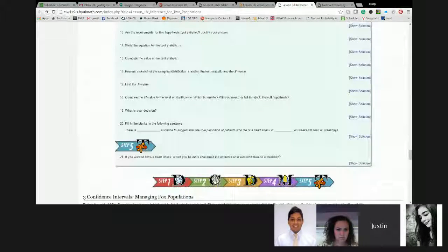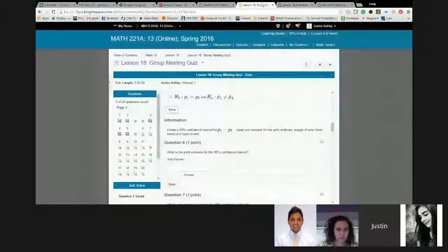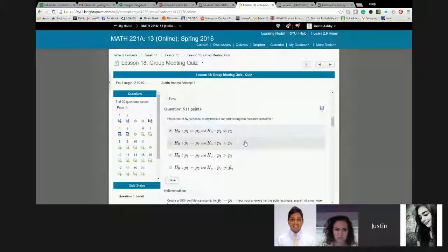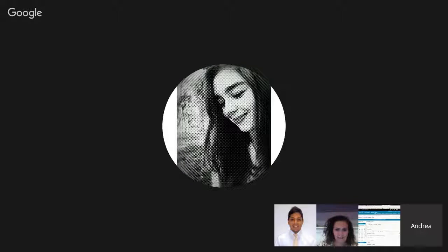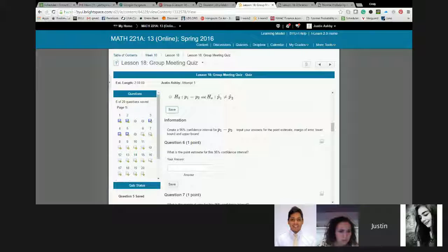All right. Somebody want to take on? How do we do the confidence interval? Why am I so confused at this? Okay. I'm just making sure. Is the type of test P1 does not equal P2? Is that what we put for the type of test?